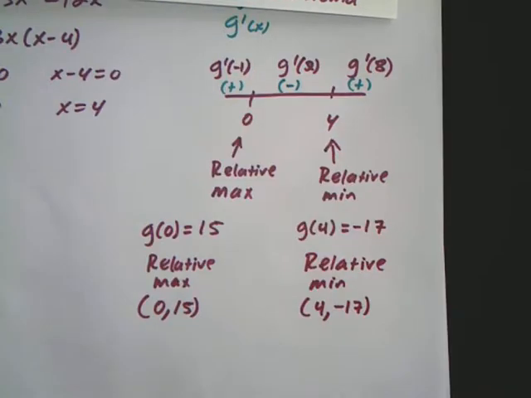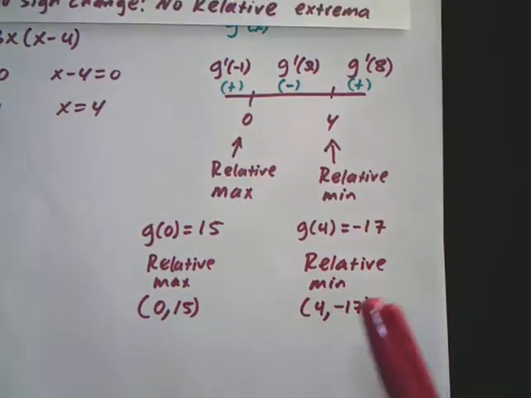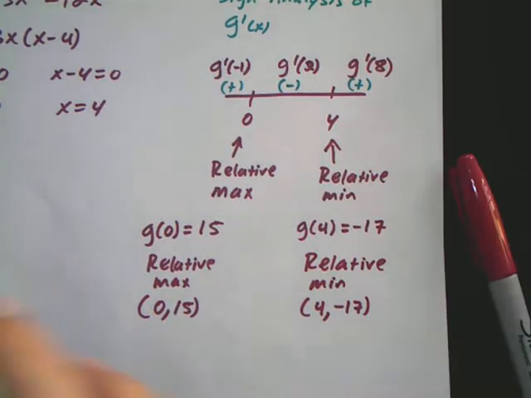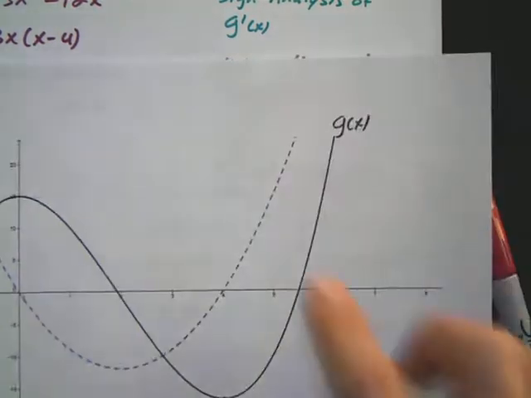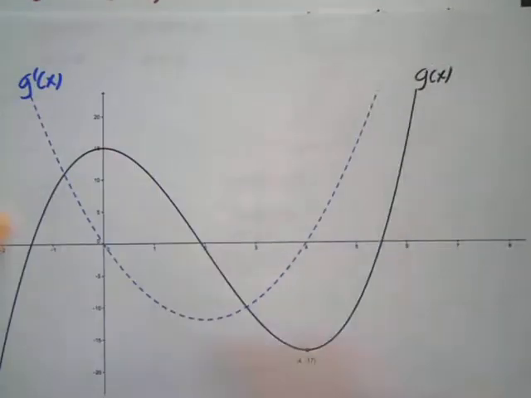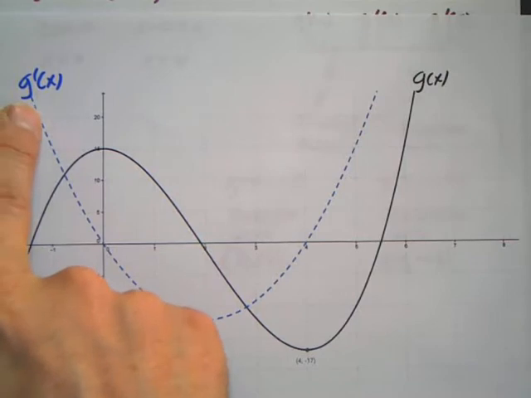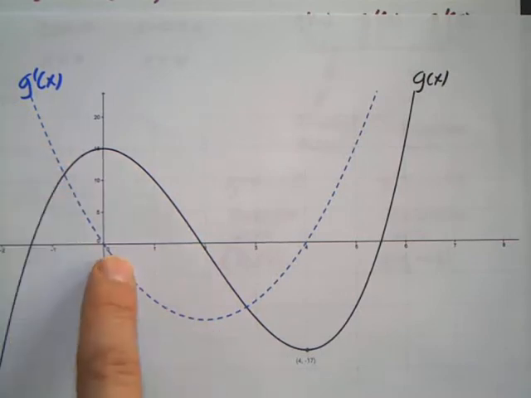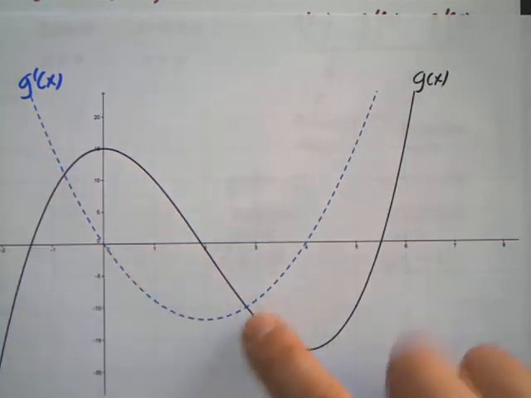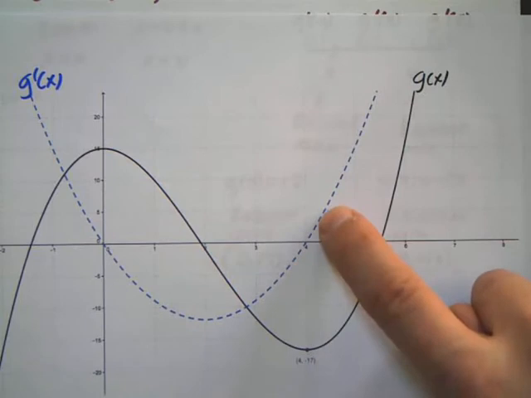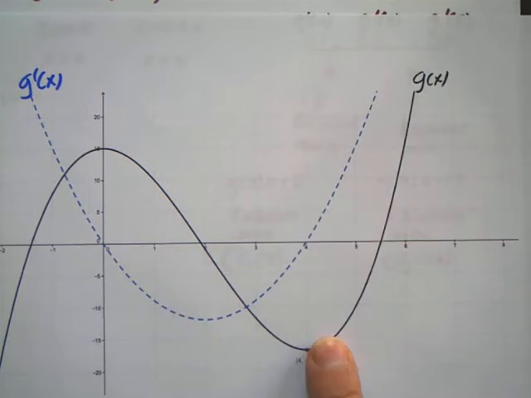And what I could do is look at this graphically and say, this is g of x, and this over here in blue is the derivative. There's a maximum at 0 and 15, and you can see that the derivative is switching from positive to negative. And then when I get to 4, there's a negative to positive sign change, which indicates that there's a minimum.